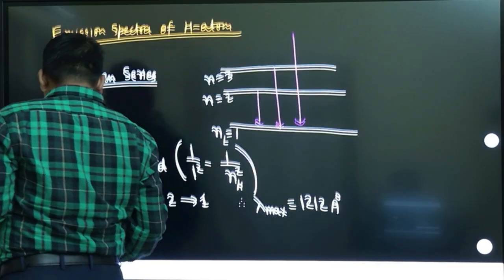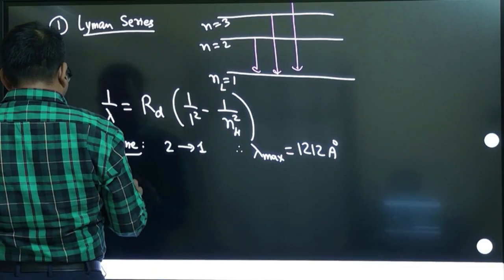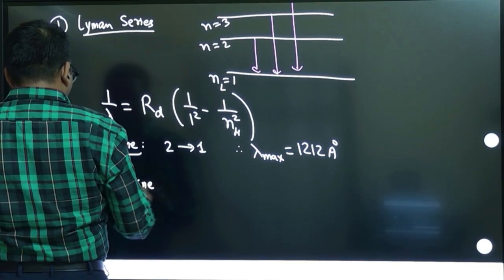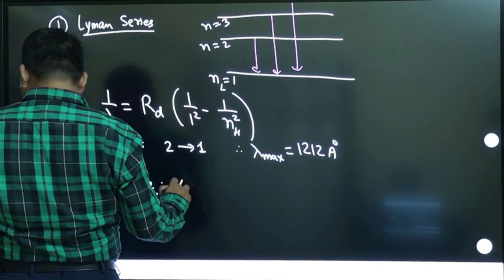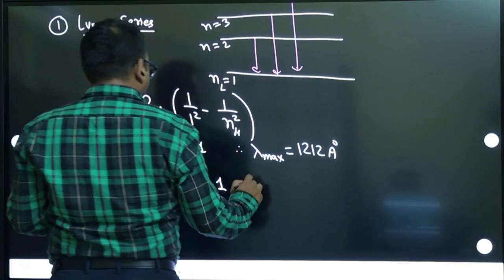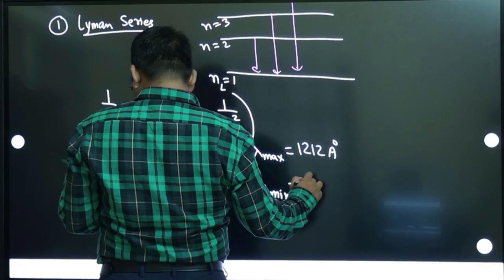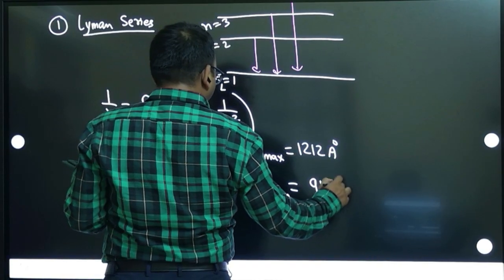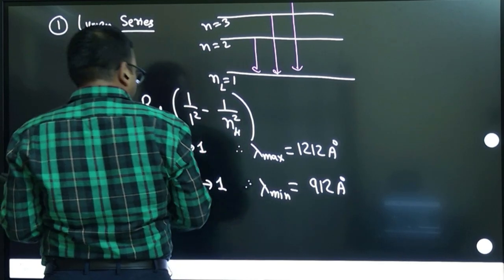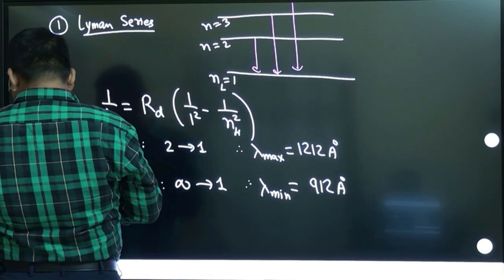Similarly, what is the last line? First line and last line we should know. The last line means it is coming from infinity to 1, and in this case the wavelength is minimum, or the energy is maximum, and that comes nearly 912 angstrom. You can substitute here and calculate. We should remember this value.